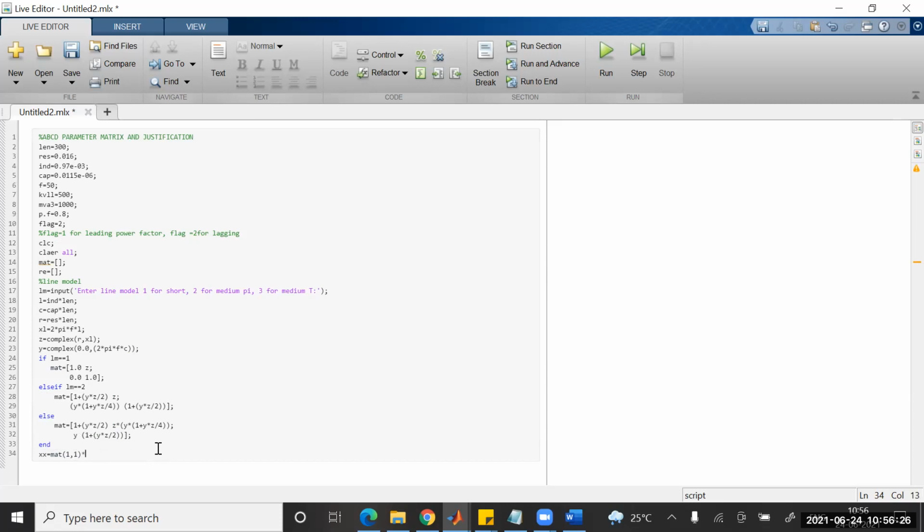Then mat(2,2), sorry, minus mat(1,2) into mat(2,1).